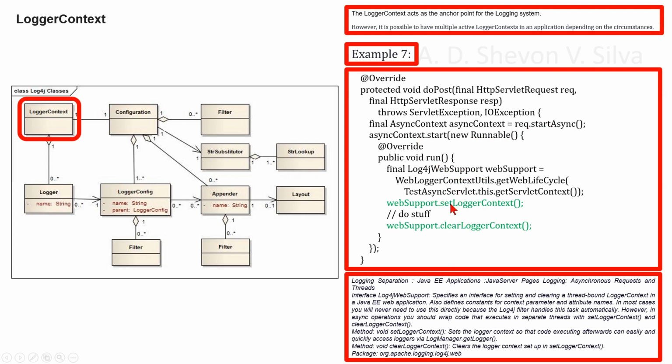Here the method void setLoggerContext sets the LoggerContext so that code executing afterwards can easily and quickly access loggers via LogManager.getLogger. The method void clearLoggerContext clears the LoggerContext set up in setLoggerContext, and this is in package org.apache.logging.log4j.web.